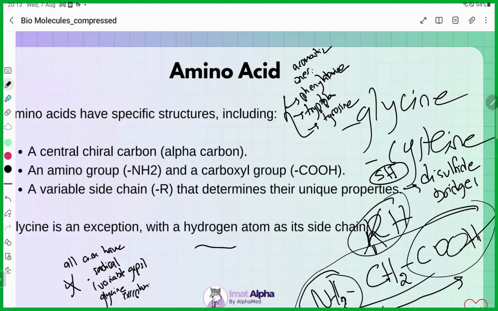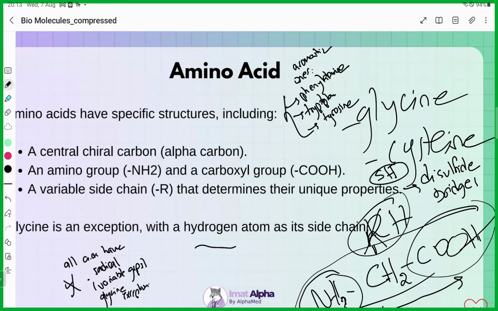What you also should know about them is that, as we said, there are some non-polar, some polar: valine and glutamic acid.